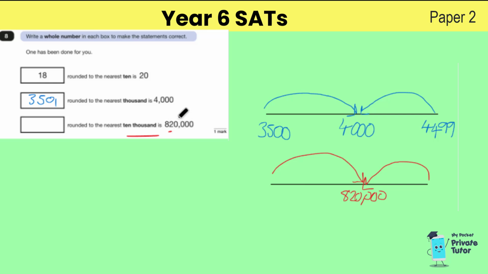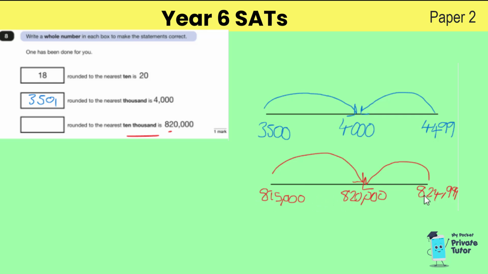So if this digit was a 5, it would get rounded up. So 824,999 would be the largest it could be. And if that third digit can be a 5, 815,000 is the smallest number it could be.